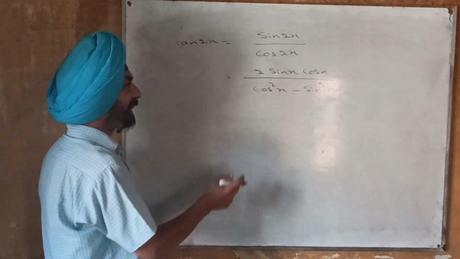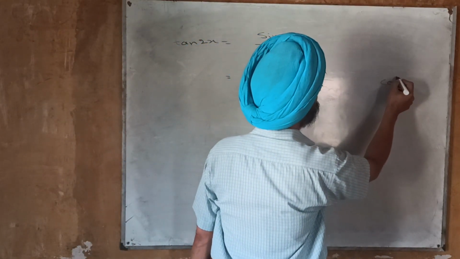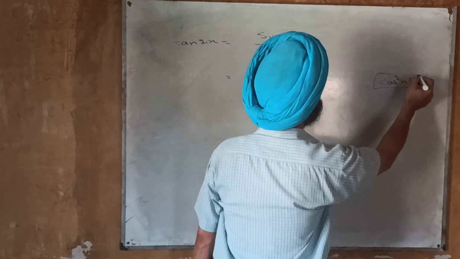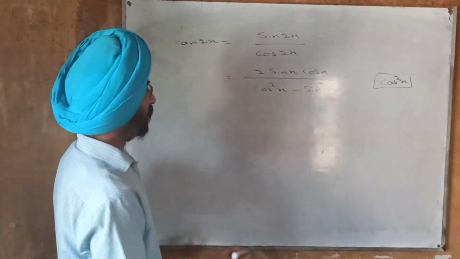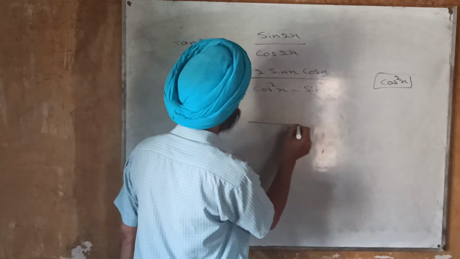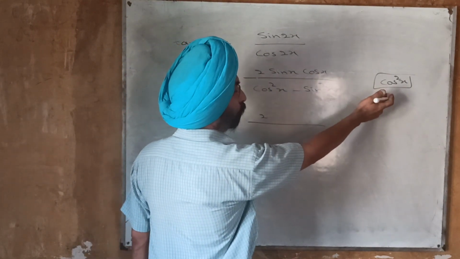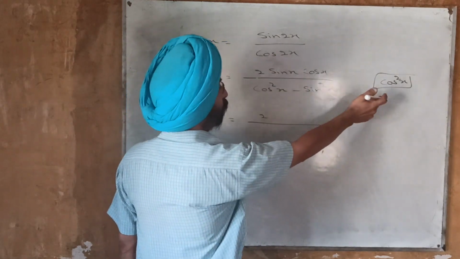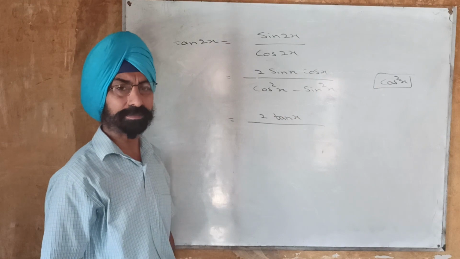Now divide each term in the numerator and denominator by cos square x. What are you going to get? 2 will be there. One cos x will be cancelled out, and you will be left with sin x upon cos x, and sin upon cos is tan x.